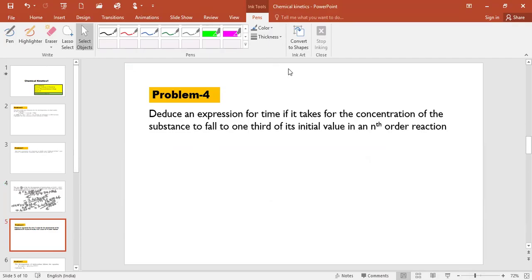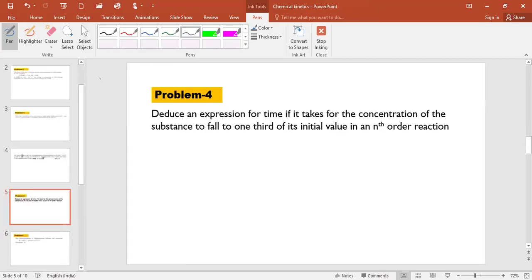For that, you have the general formula to calculate the rate constant.